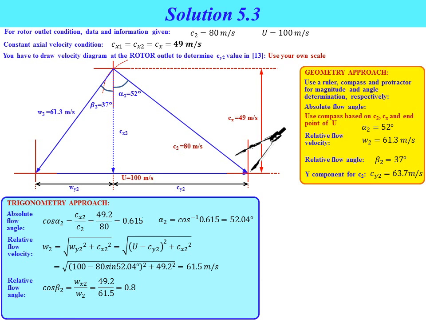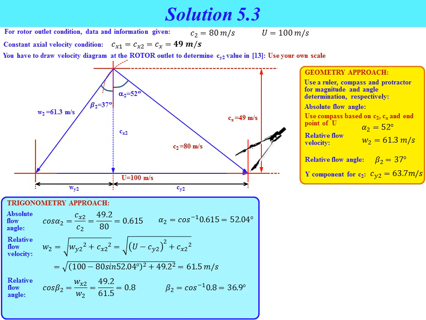For the relative flow angle, cos beta 2 equals Wx2 divided by W2, where Wx2 refers to the axial velocity for W2. So the value will be equal to Cx1, Cx2, equal to Cx, which is equal to 49.2 based on the value obtained from the trigonometric approach. And the value for cos beta 2 equals 0.8. Calculate the value of beta 2.